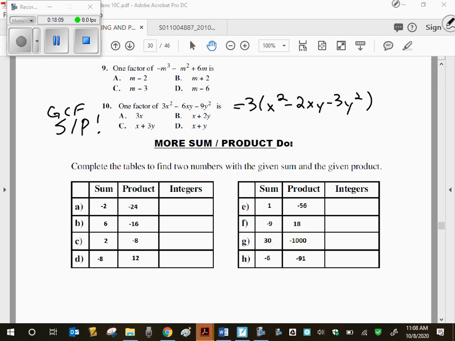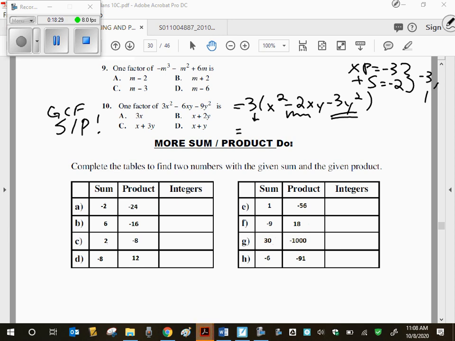Doesn't look like a sum product, but if it is a sum product, that means the product equals -3 and the sum equals -2. So the two numbers that multiply to -3 and add to -2 are -3 and 1.